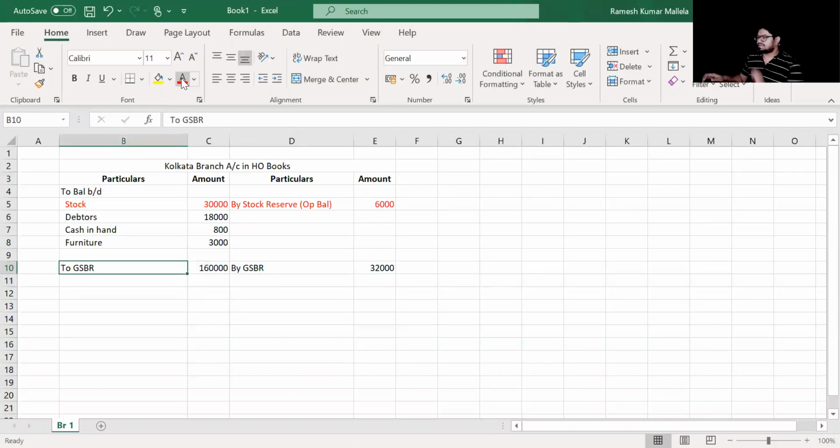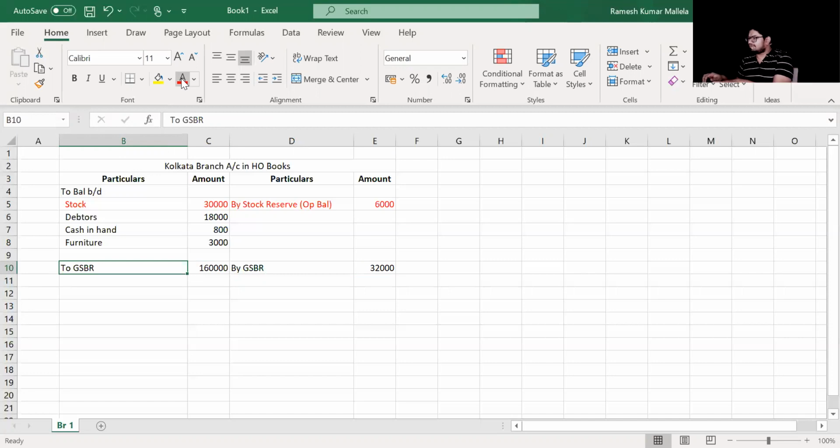So 32,000. I'm doing it line by line so that you will have clarity of the sequence of events. I'm giving a gap in between; actually it is not required, but for your clarity, I'm doing it this way. Against each transaction, I'm writing the amount of loading reversal also.